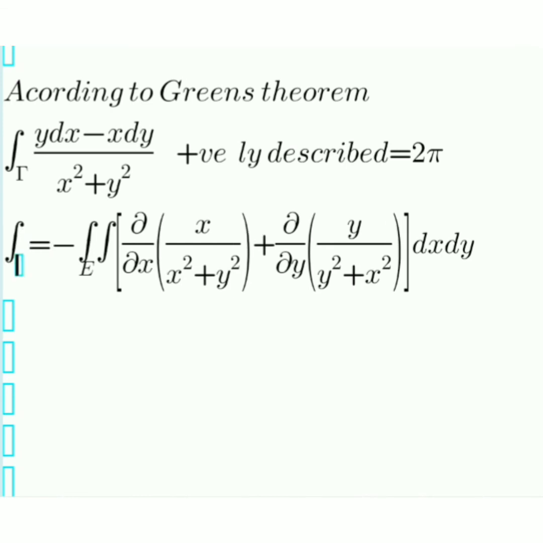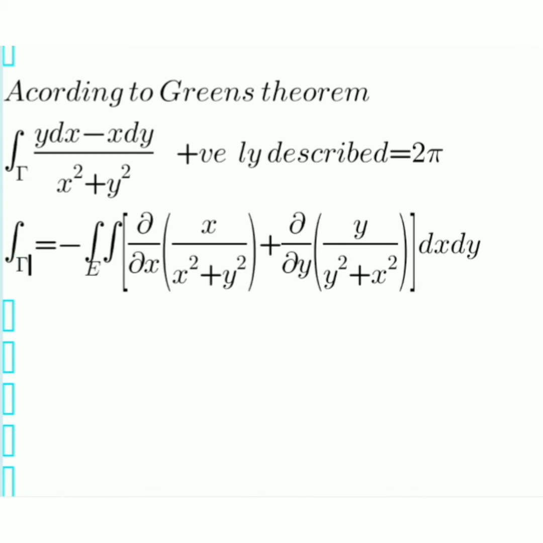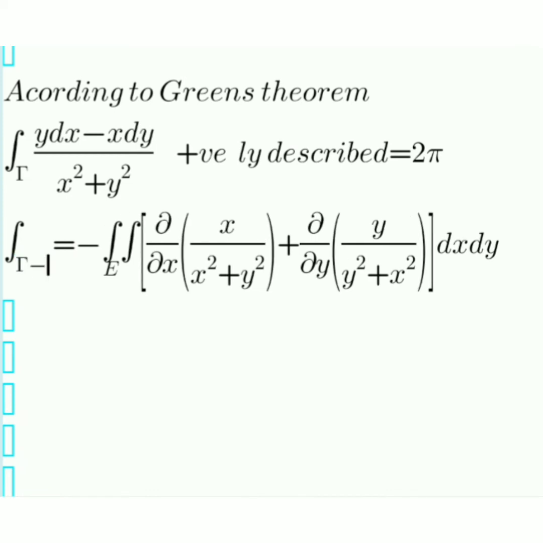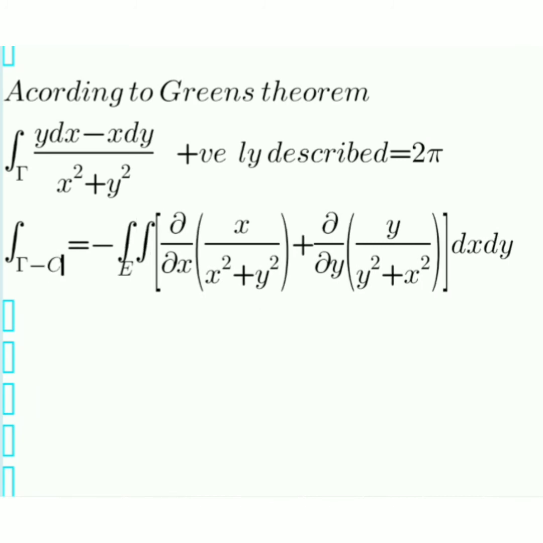I will write another way: gamma minus C. Okay friends, C is also a circle.